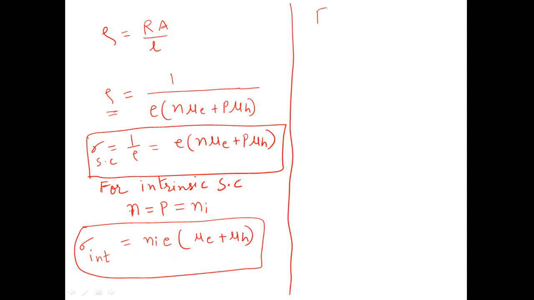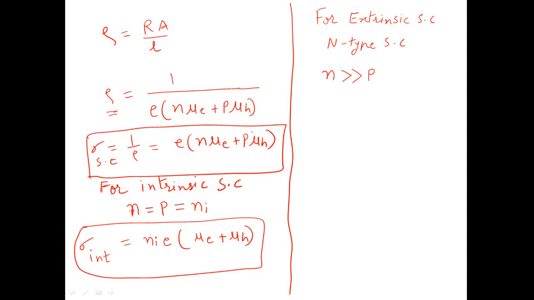Now if we want to write down the conductivity for an extrinsic semiconductor, you know that there are two extrinsic semiconductors. One is an n-type semiconductor and the other one is a p-type semiconductor. For n-type semiconductor, the majority charge carriers are electrons, and therefore the electron density n is very much greater than the hole density p. So in the general expression for conductivity, we neglect the term p into mu h, because p is very small as compared to n.